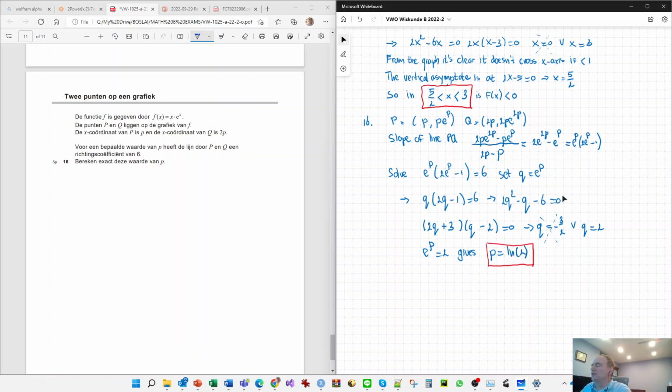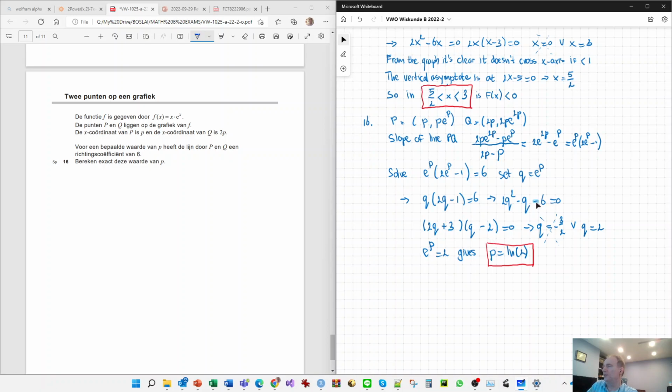You can either use the equation with the discriminant. That's always a safe method if you cannot find how to factorize it. But you can just try out if factorization is possible. Start with it has to be 2q squared, right? So you start with a 2q here and a q here, and then fiddle around a little bit with these numbers.